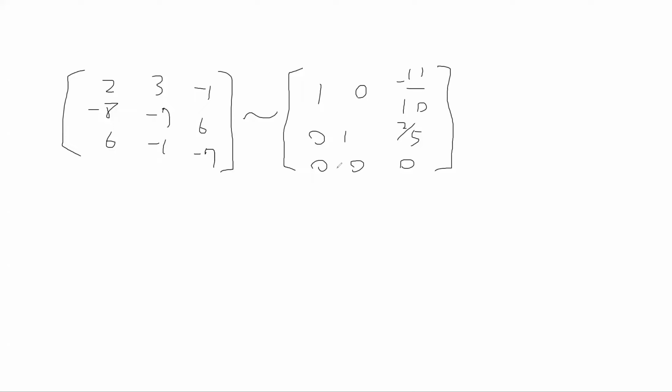Okay. Now, notice that we have something very interesting. How many pivot columns do we have? We have 1 and 2. We have 2 pivot columns. That means of the original three vectors, one of them is a linear combination of the other two.